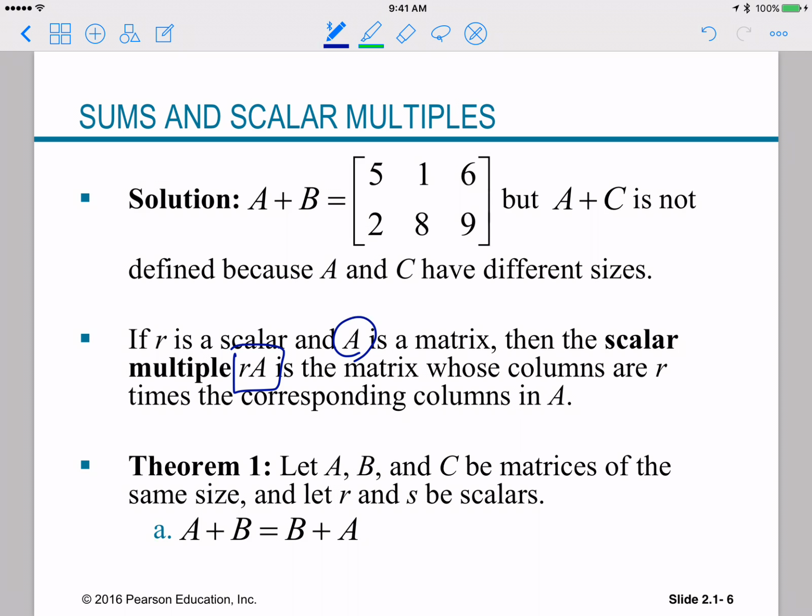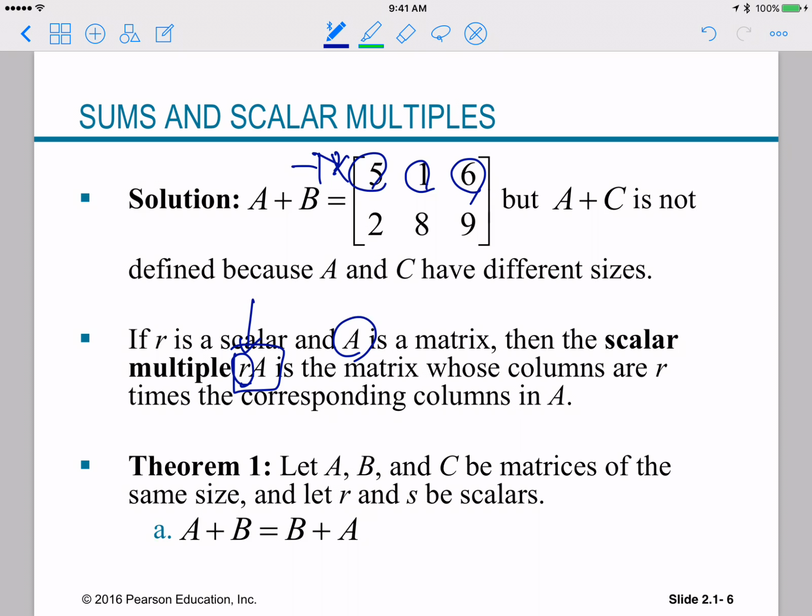Again, the capital letter is representing a matrix, the boldface lowercase letters are representing vectors, but non-boldface lowercase letters are representing scalars. So if we are given this matrix and the scalar multiple is -1 times this matrix, we just multiply this scalar with every element in the matrix.